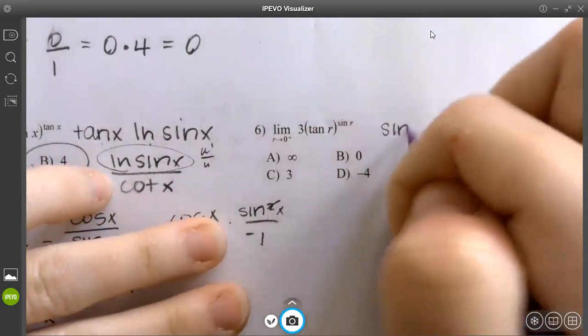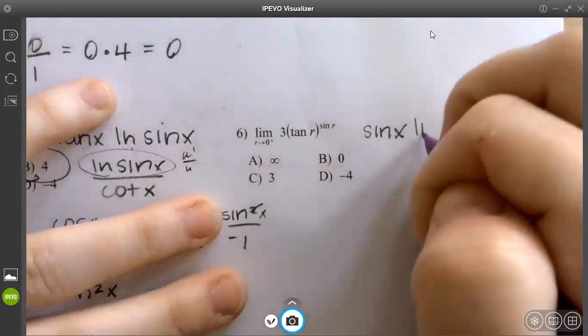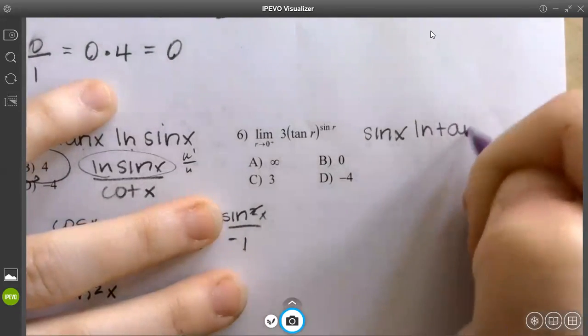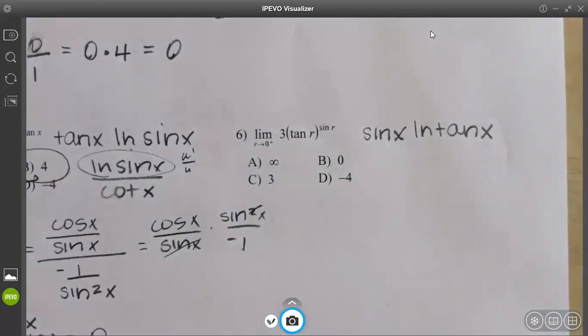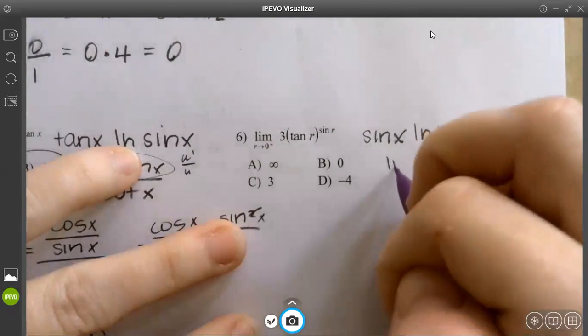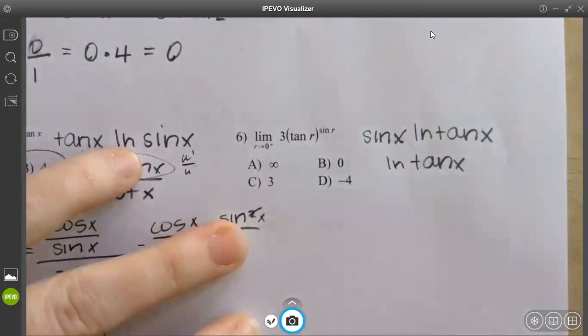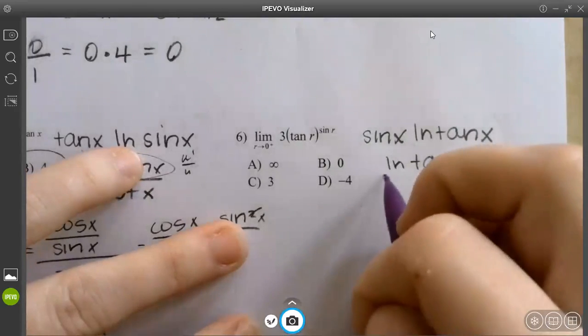So the sine is going to come to the front. I'm going to rewrite it as X instead of R. ln tan X. What do I have to do now? So I did sine to the -1, like the last time I did, but you can do it any way that you want to.